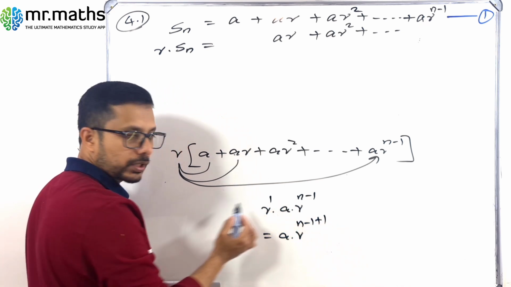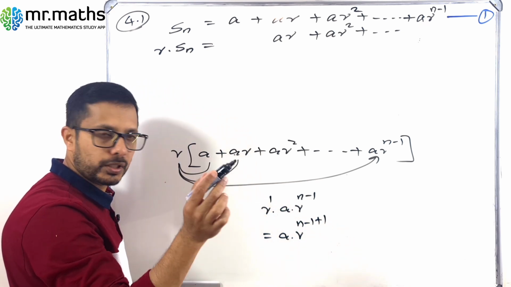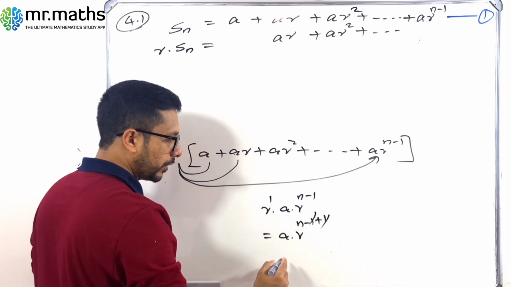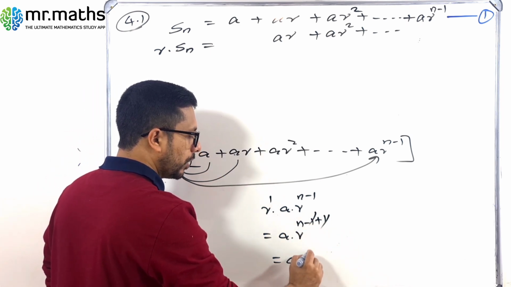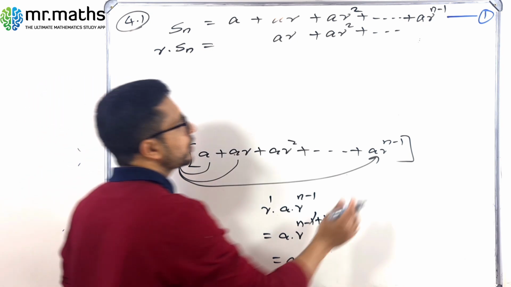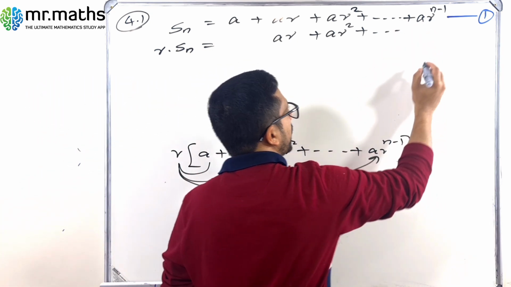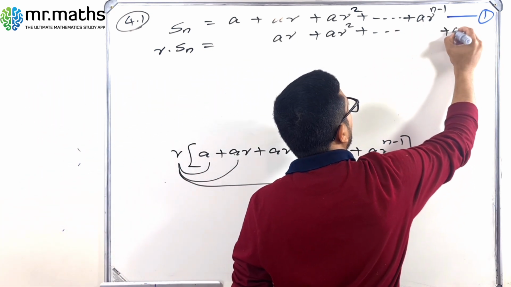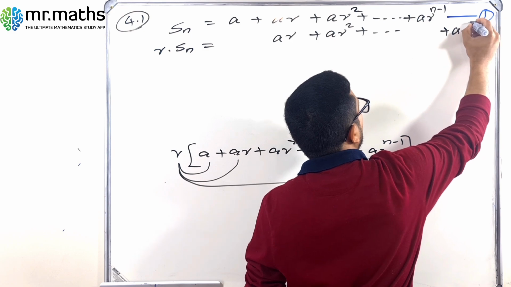The minus 1 and plus 1 cancel, so we get a times r raised to n. So the last term is a times r raised to n, and I am going to write it here.